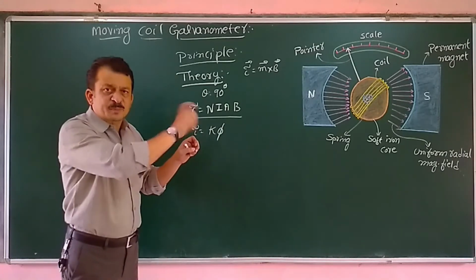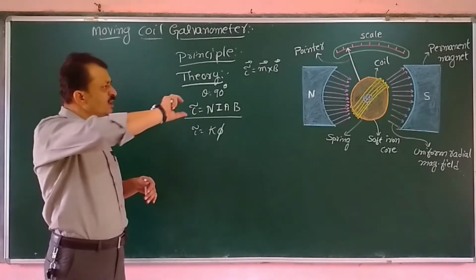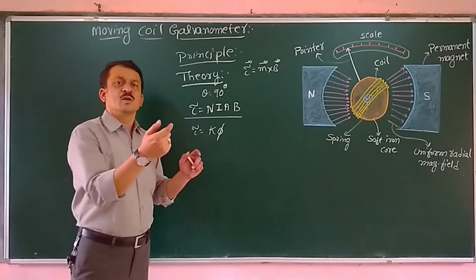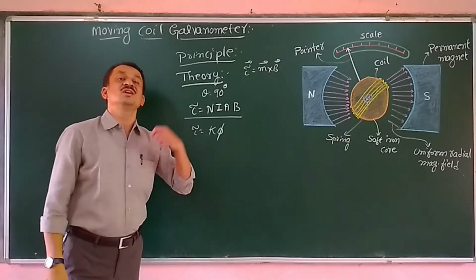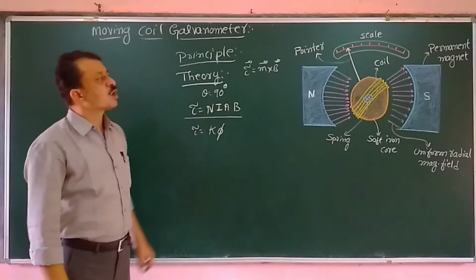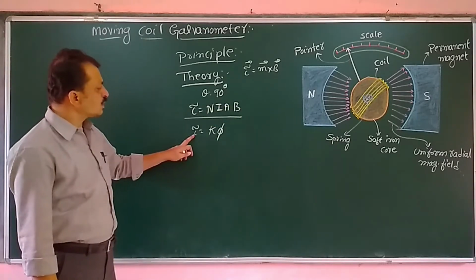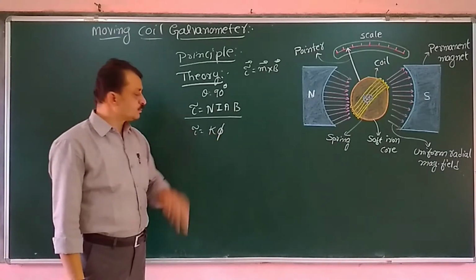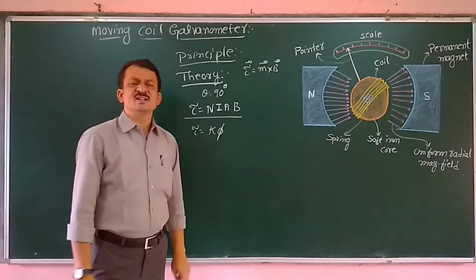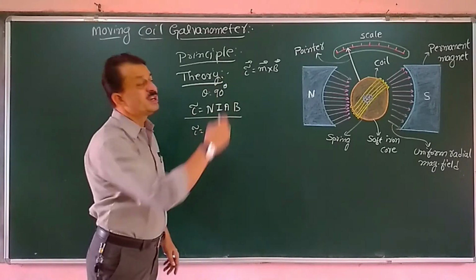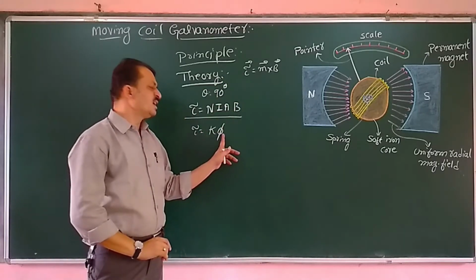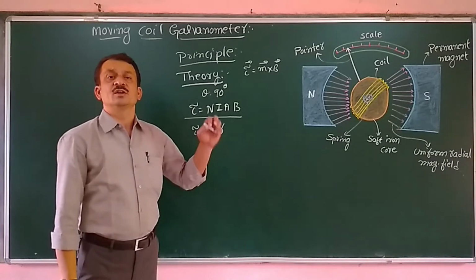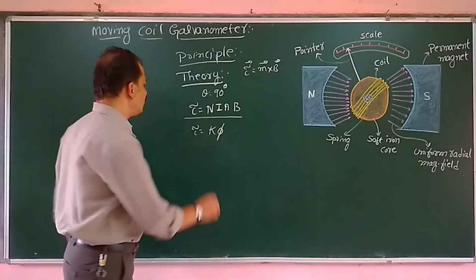Because of the spring system, the spring gets twisted, and that in turn produces a counter torque on this coil system, given by K into phi. Here phi is the deflection, and K is called the restoring torque per unit twist.